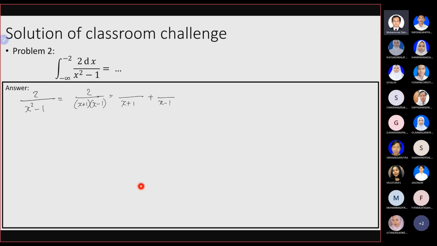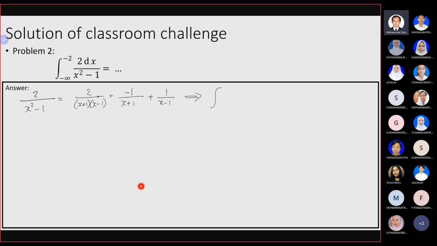What should we do? I think these are minus 1 and 1. You can try to find it later. I think this is correct because we have minus x plus x is 0, and plus 1 plus 1 is 2.